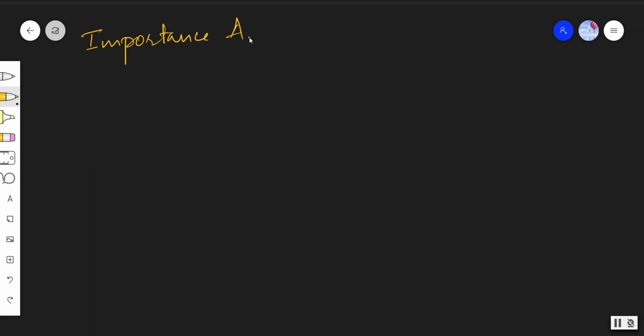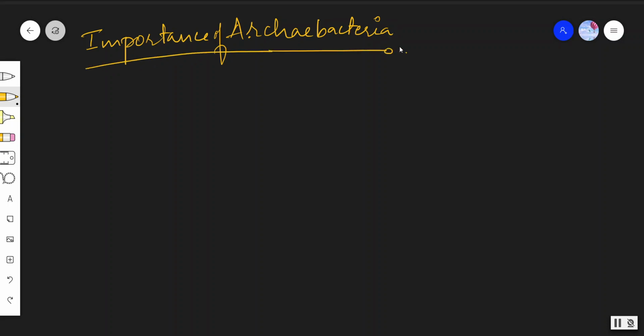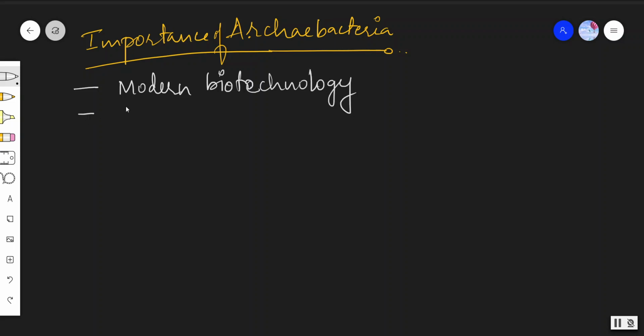Every organism on the earth is present because of some reason, and some work is to be done by them. So Archaebacteria are also here, and these are used in modern biotechnology to produce some productive products too, which are useful for humankind.